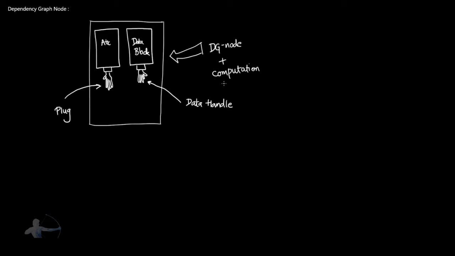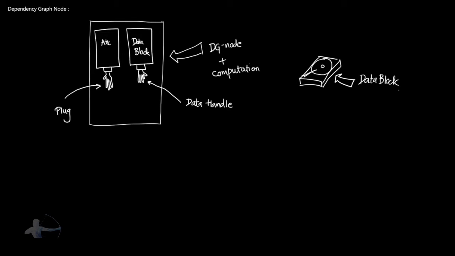A data block holds all the data for the node, so whatever the input and output is, the data block is going to hold that. You can consider a data block as a hard drive for a node, which stores all the data. So a data block is a kind of storage.